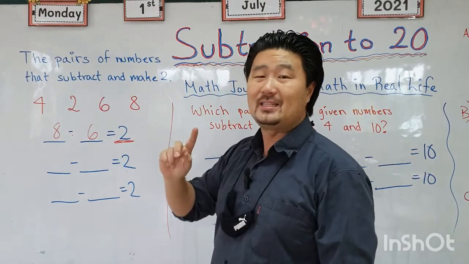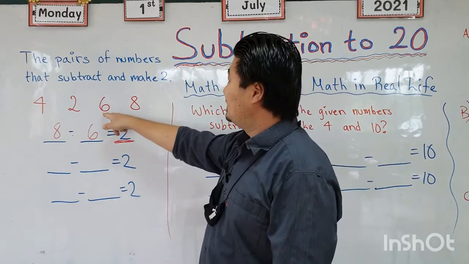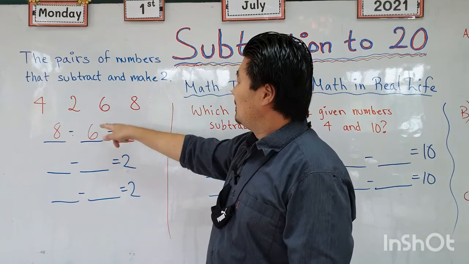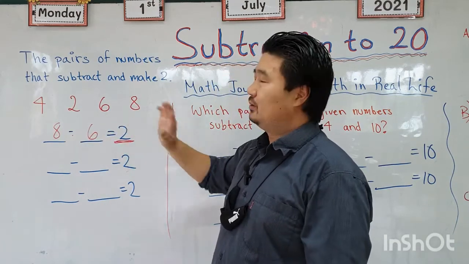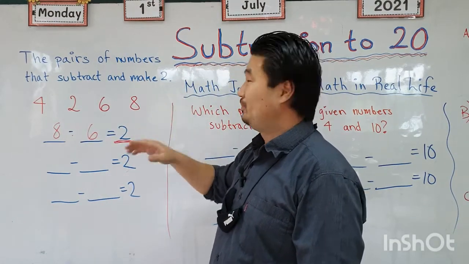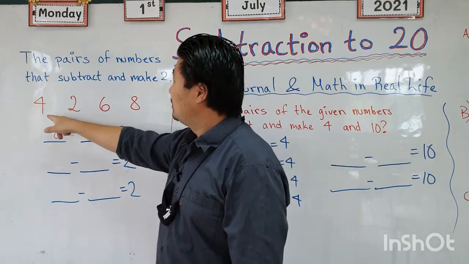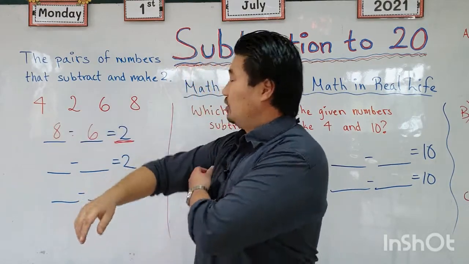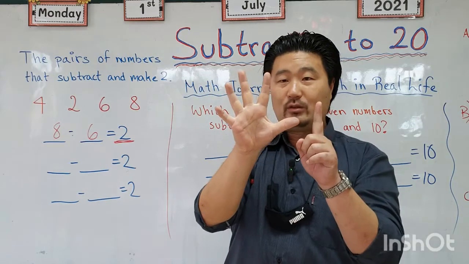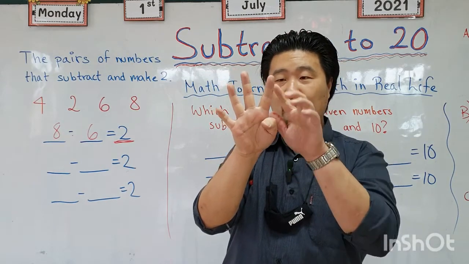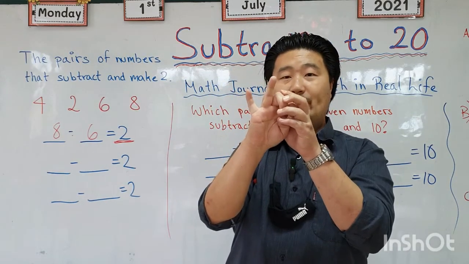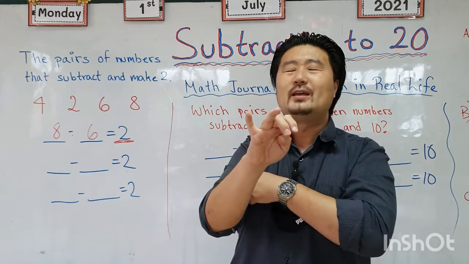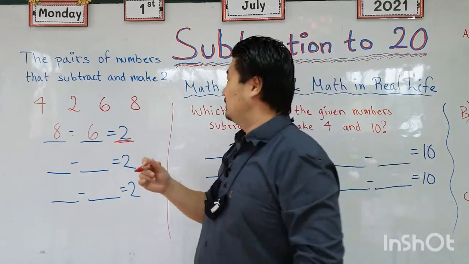Now let's take the second highest number, number 6. 6 minus 8. It does not work, cannot. So 6 minus 4. So you have 6 minus 4. 1, 2, 3, 4. How many are left? 2. Yes, that works.